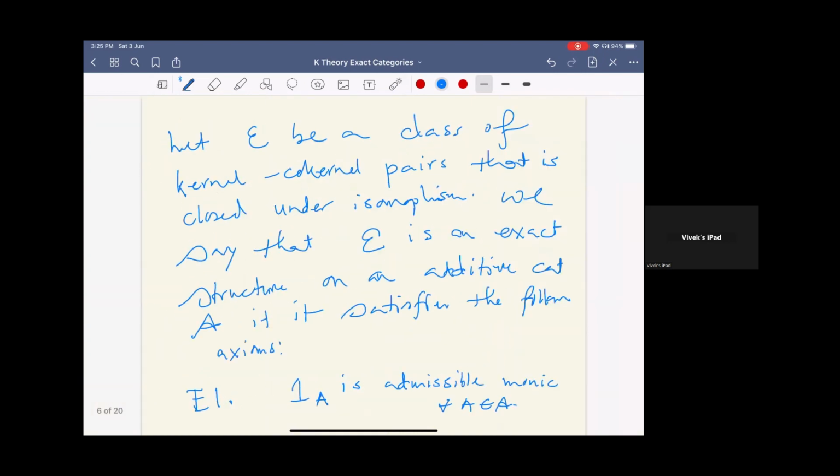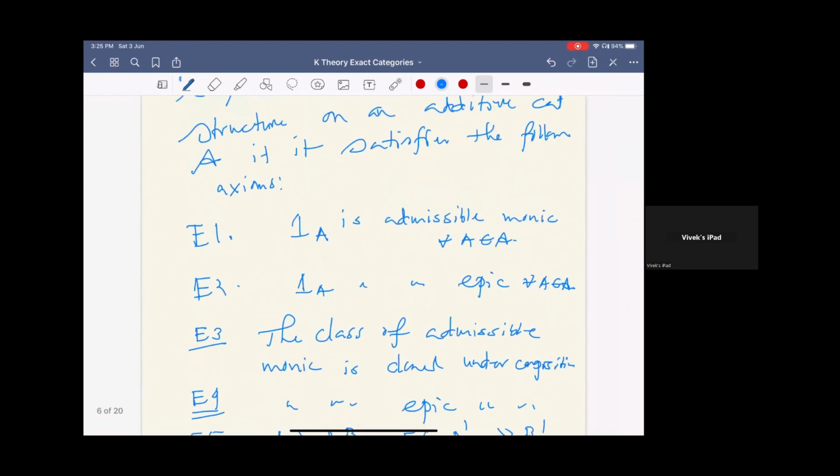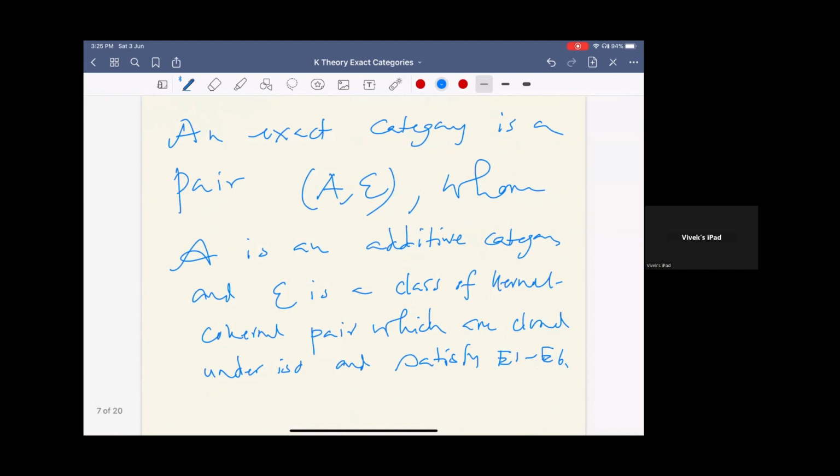So this is the exact category. You start with the additive category, then you put an exact structure on it by considering the class of all kernel-cokernel pairs which satisfy certain properties, the six properties.